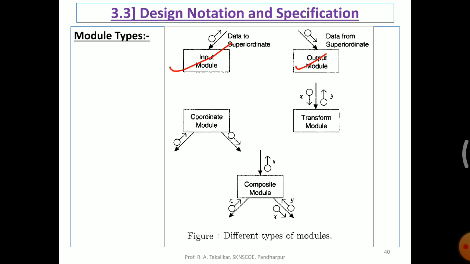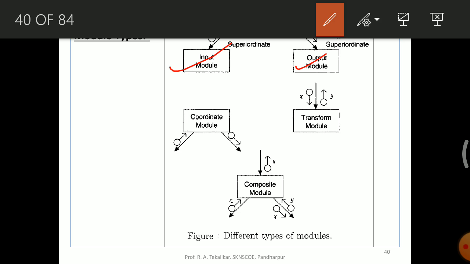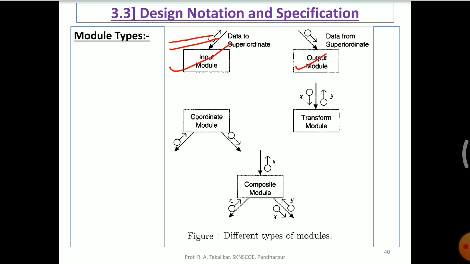You can see the arrows shown here in the input module. The input module gives the input to the superordinate module. The arrow has been shown here, this one, and in the output module, the data is received from the superordinate module, from its superclass.